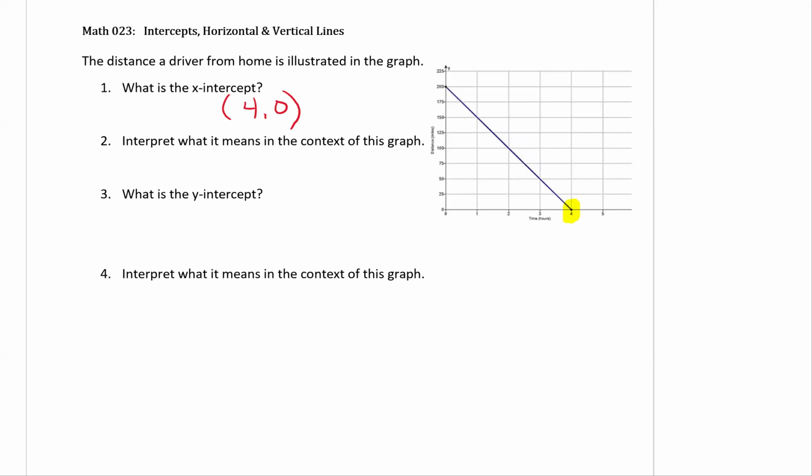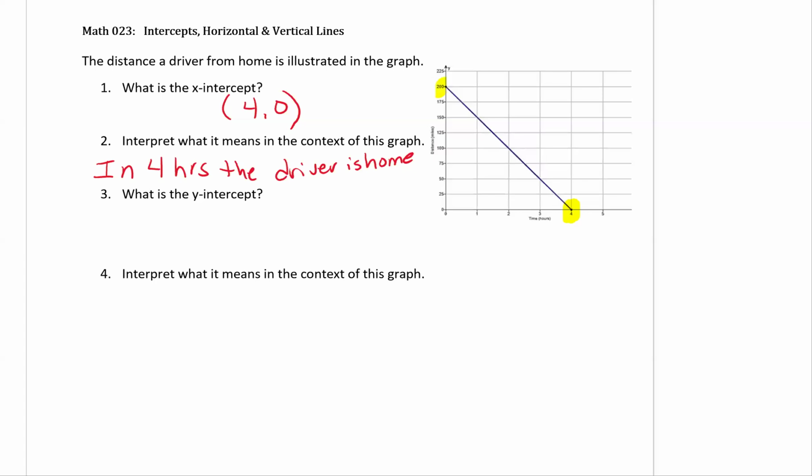Interpret what it means in the context of this graph. Well, we just got to use our labels. In 4 hours, the driver is 0 miles from home. So another way to say that, in 4 hours, the driver is home. Well, what is the y-intercept?